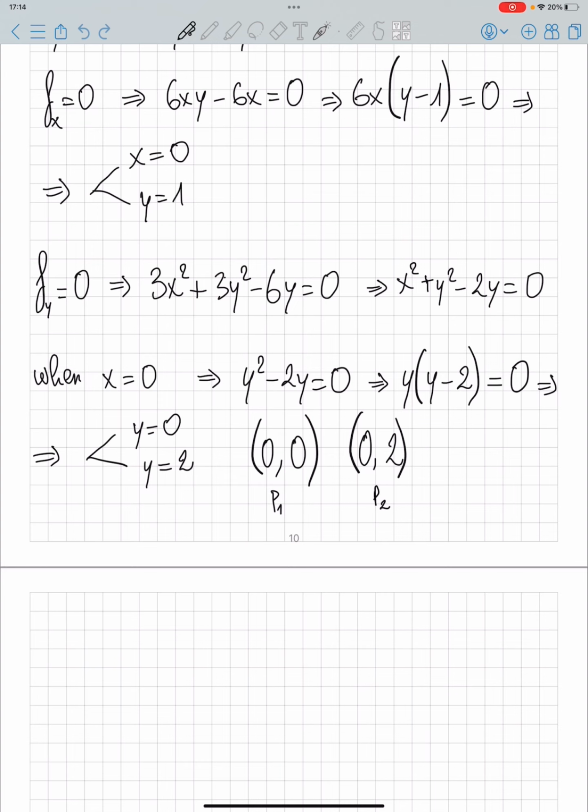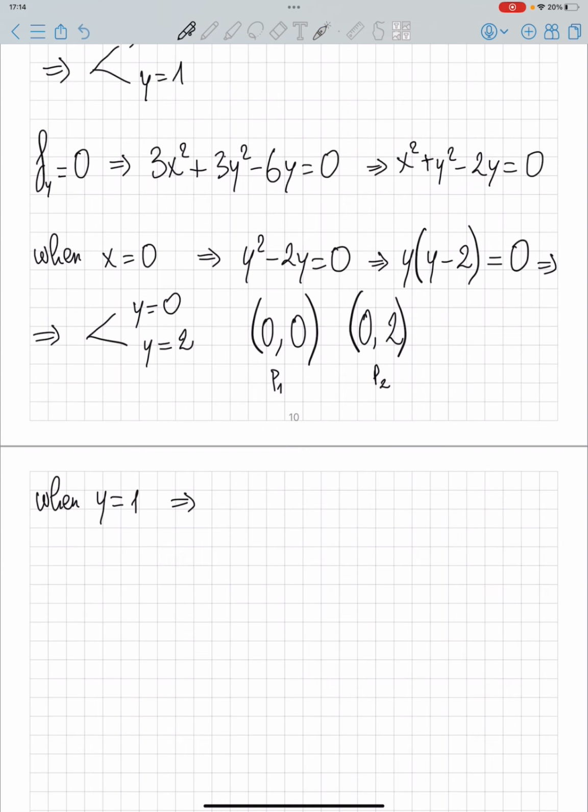So now we say when y is equal to 1, we're going to substitute in our equation here. We're going to have x squared plus 1 minus 2, because 2 times 1 is 2, is equal to 0.